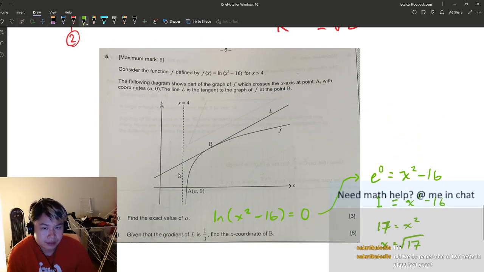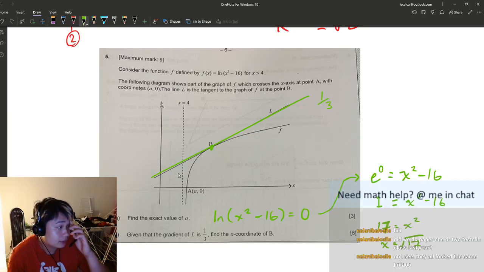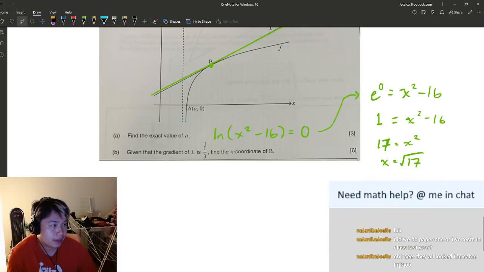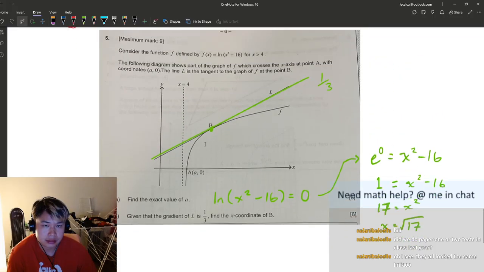So we want to find this x coordinate, and we know that the gradient of this line is 1/3. And we can calculate this gradient because that's going to be the derivative of the function at this specific x coordinate. So we take the derivative.